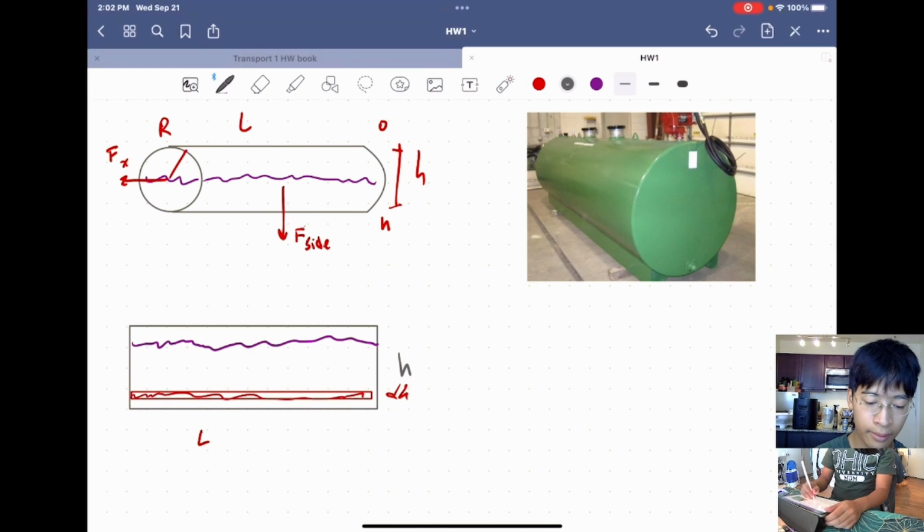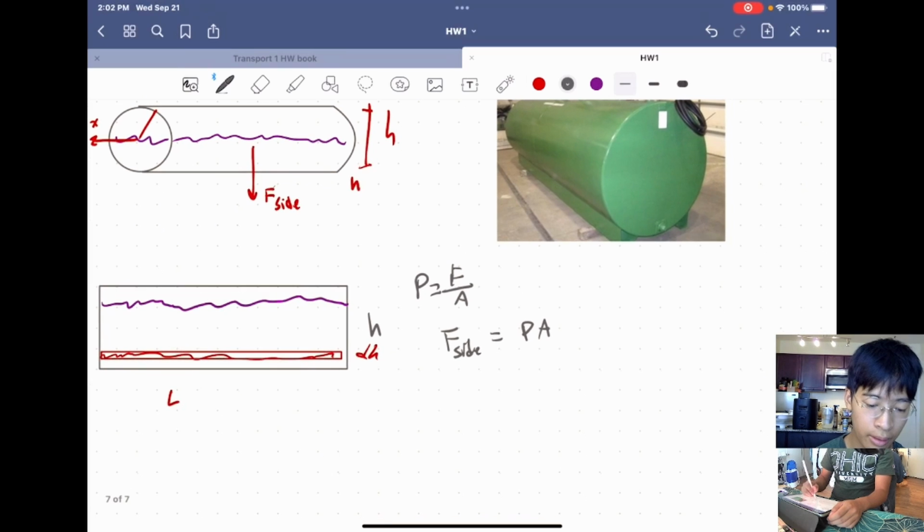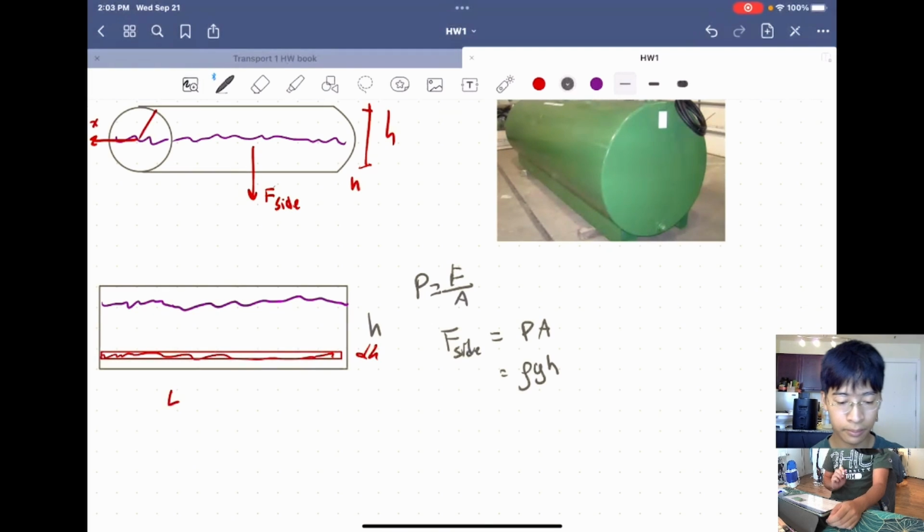So let's take a look at pressure. The most simple definition of pressure is force per unit area. So the force on the sidewalls has to equal pressure times A. What can we define pressure as? For a liquid, pressure is rho g h, right?